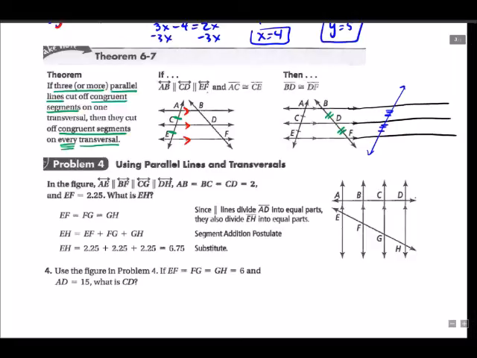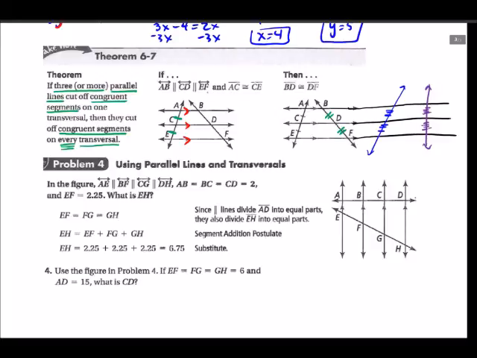I can draw a straight up and down line. Those are going to be congruent. It doesn't matter. As soon as you know that your parallel lines are equidistant apart, then any other transversal you draw is going to be cut through like that.